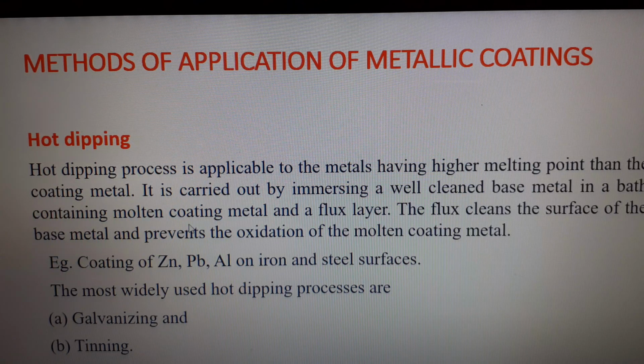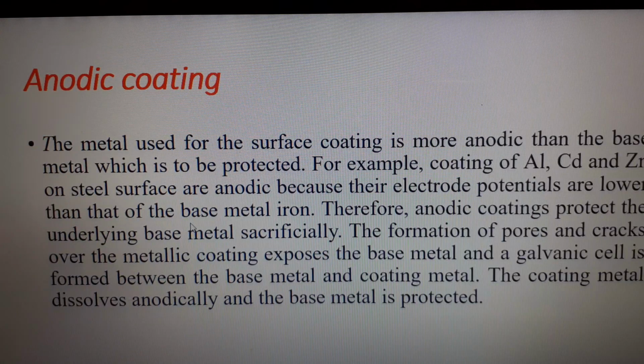Anodic coatings are produced from coating metals which are anodic to the base metal. Remember what I have said, that anodic coatings are produced from a coating metal which is anodic to the base metal. Means the base metal is always the cathode and the surface metal will be the anode.